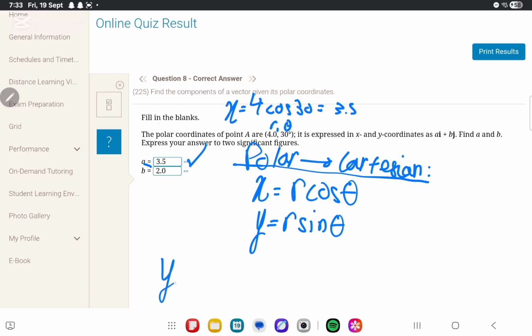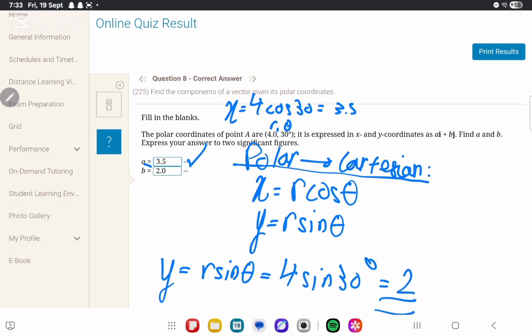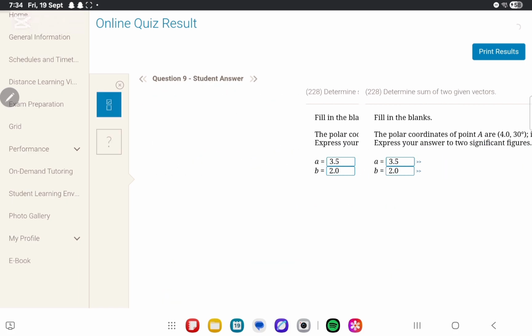Now B is y. y is going to equal r sine theta, which equals 4 sine 30. You should know that sine 30 is 0.5, so it's 4 times 0.5, which is just 2. This is my answer, and they told you to express your answer to two significant figures, so you'll write 2.0. Moving on.